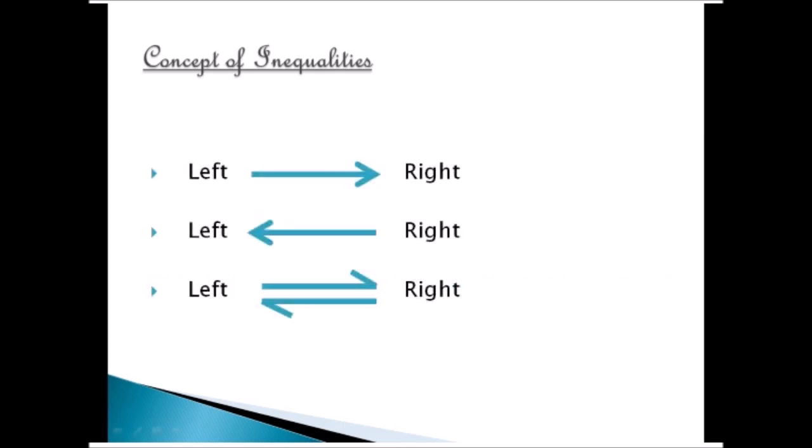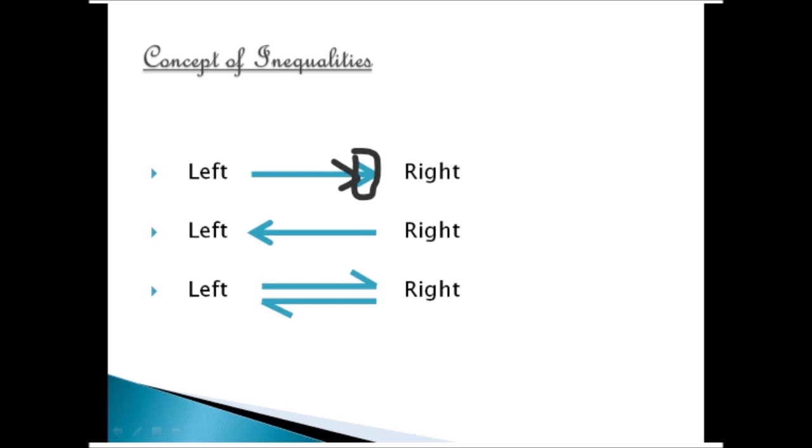But at the end of a line, if I draw an arrow like this, that means now my direction is from left to right.